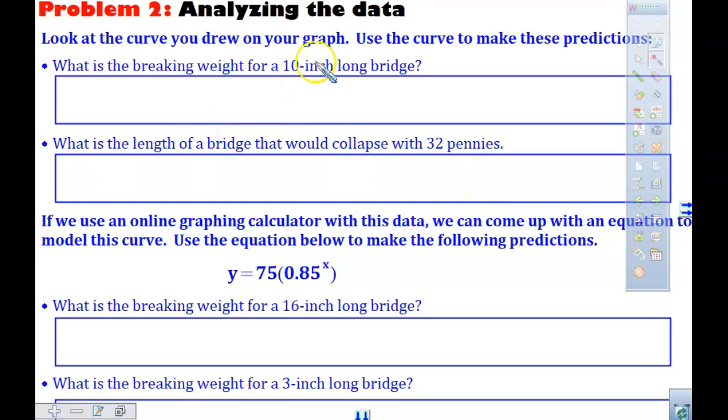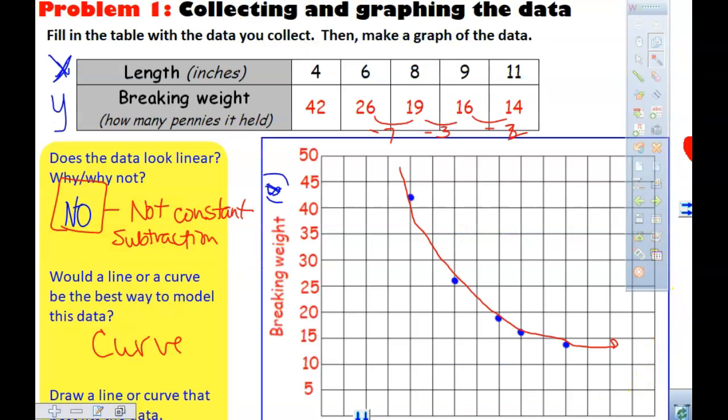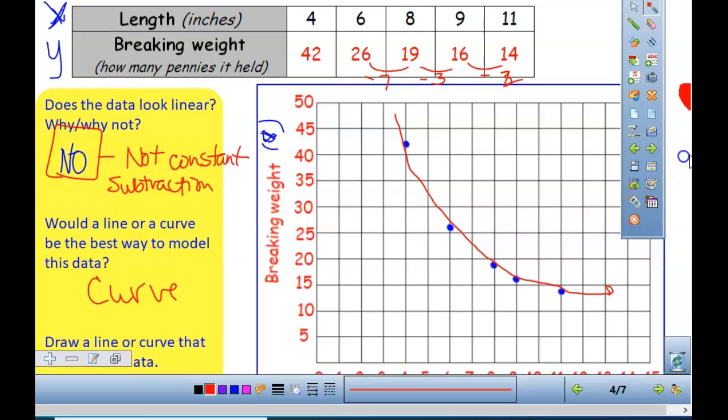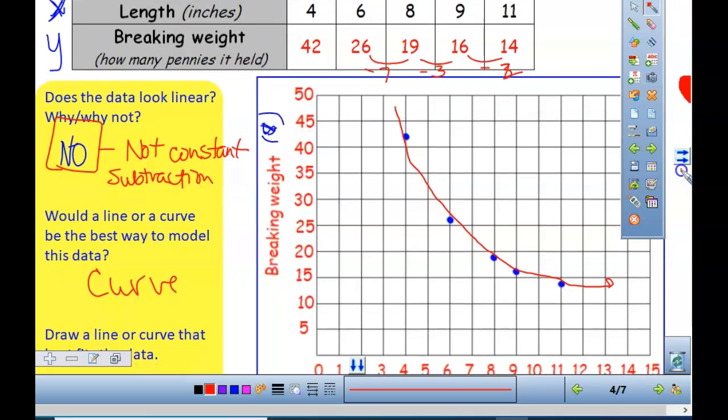So as we look at that next page, you look at the curve that we drew on our graph. It says use the curve to make a prediction. What do you think the breaking weight is for a 10-inch bridge? Okay, so you look at this and we think that we are looking at a 10-inch bridge. So if we go down, what do you think at 10?